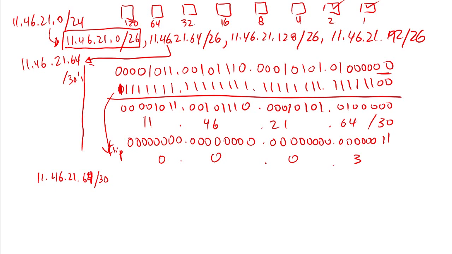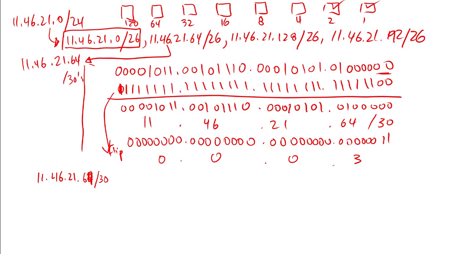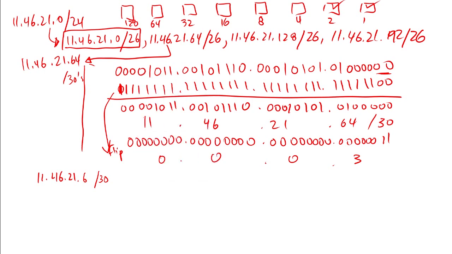So that's not correct. So we should write that as 11.46.21.64. So this is our first network. That's a /30.